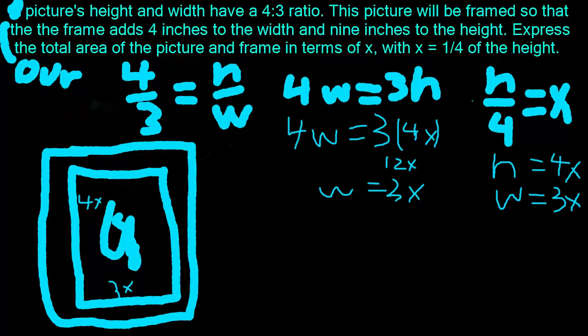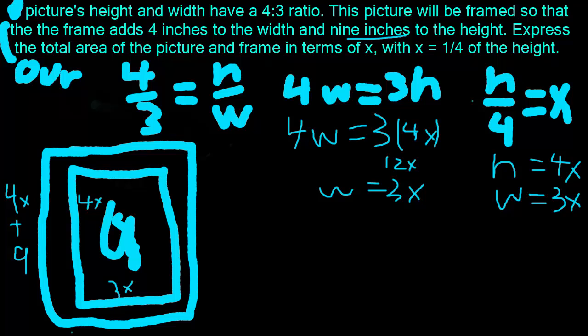So we know that the frame adds 4 inches to the width and 9 inches to the height. I'm going to do height first. That would be 9 inches to the height, so 4x plus 9, 4x plus 9.